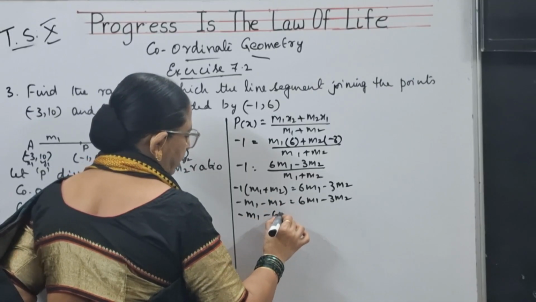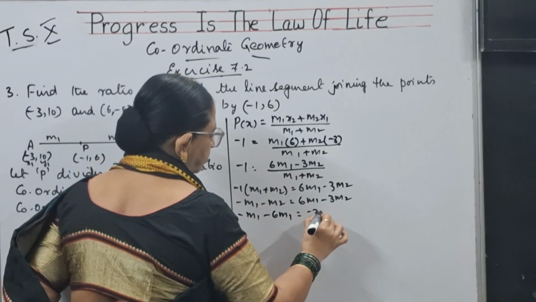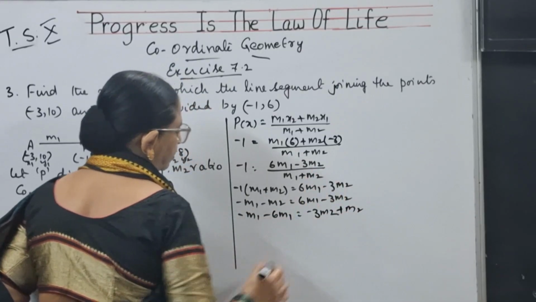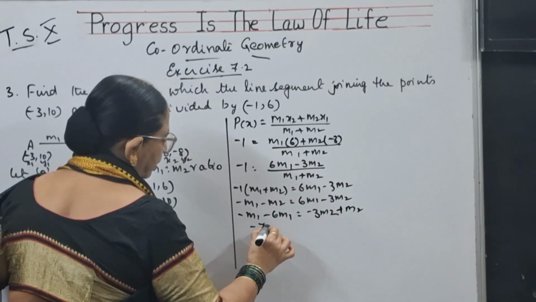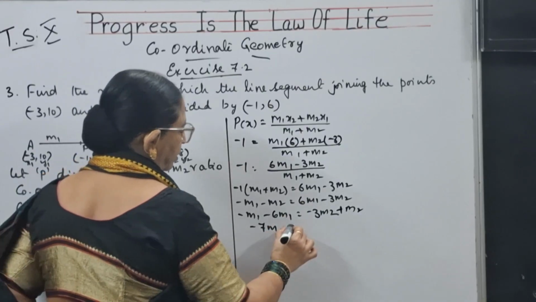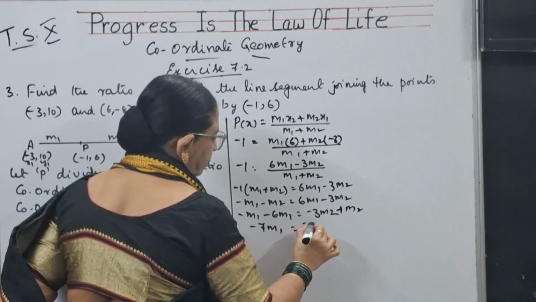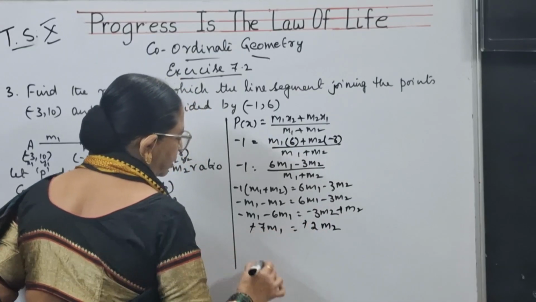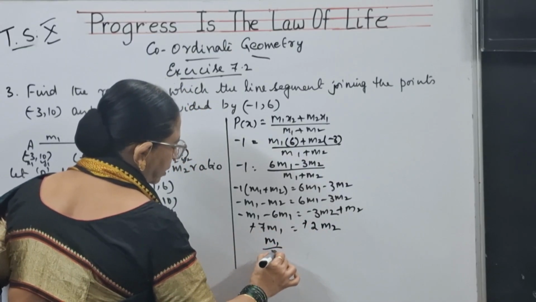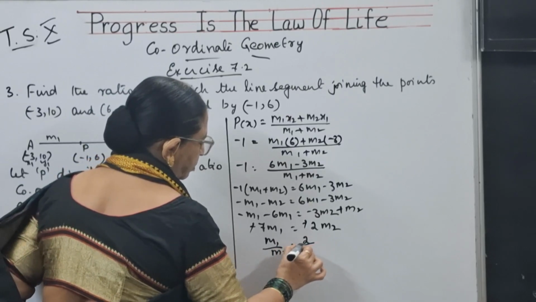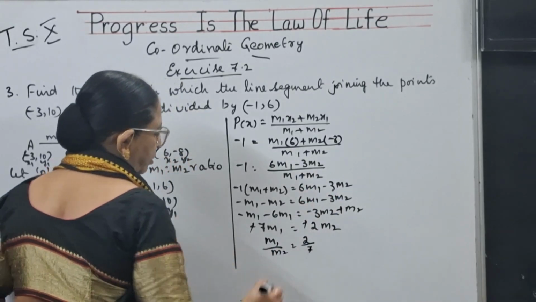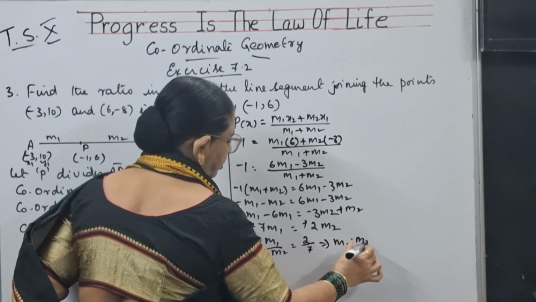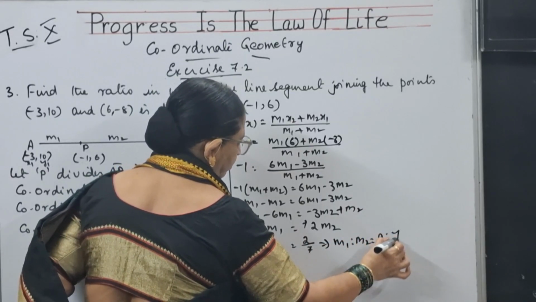When I take it here, minus 6m1 is equal to minus 3m2. m2 it goes here plus m2. That is minus 7m1 is equal to minus 2m2. So minuses will get cancelled. m1 by m2 is equal to 2 by 7. 2 by 7 means what does this imply? M1 is to M2 is equal to 2 is to 7.